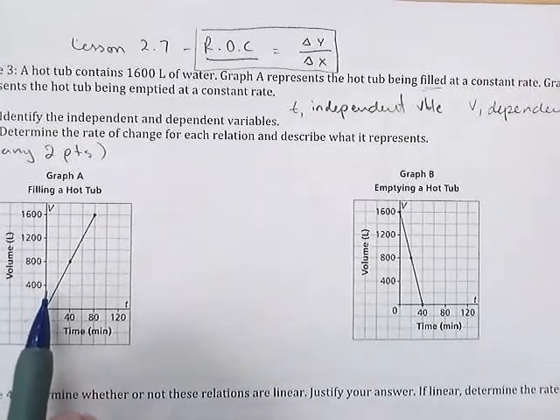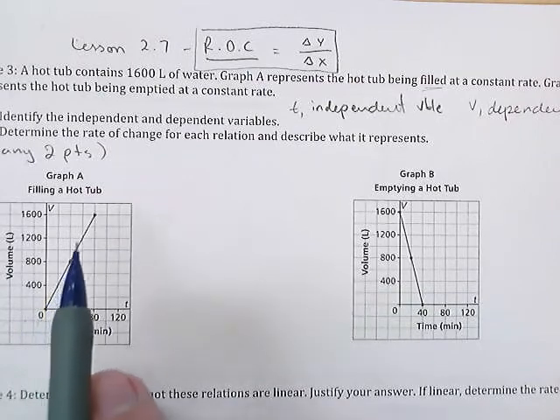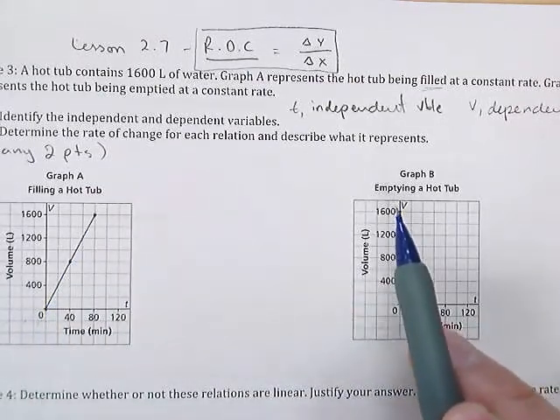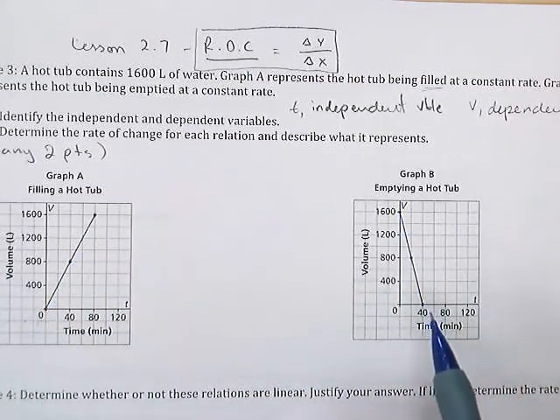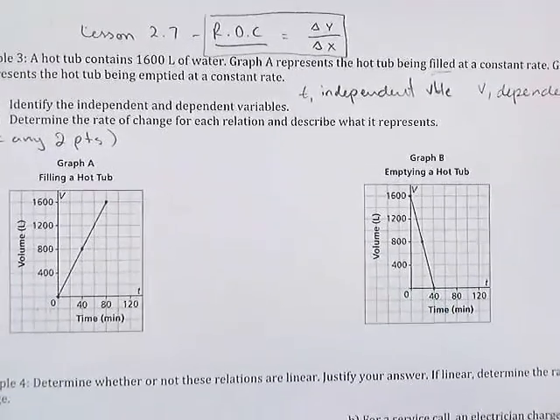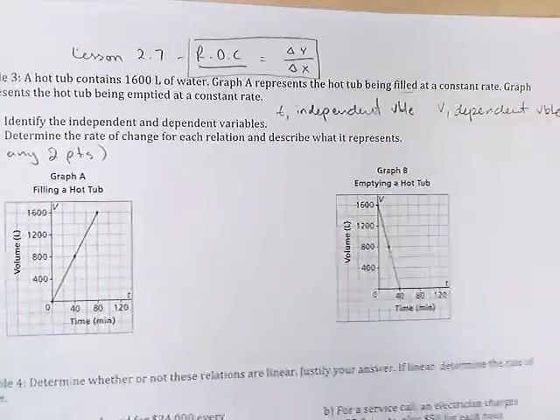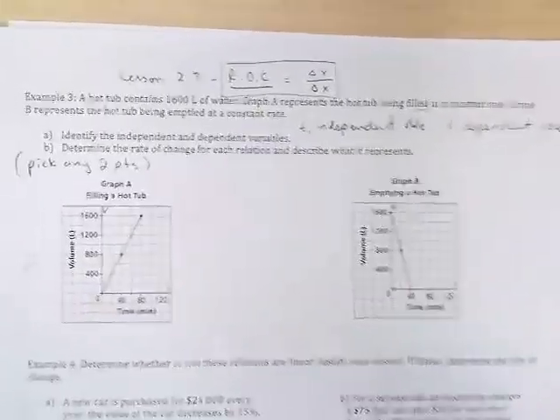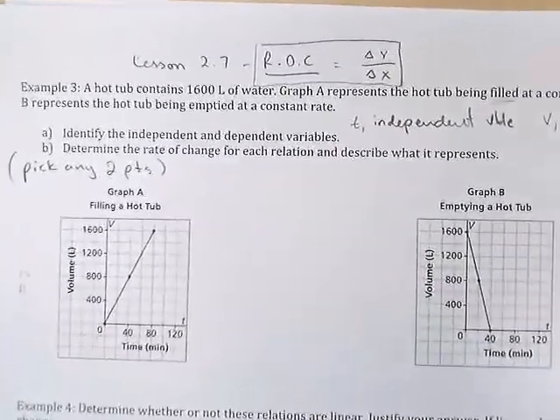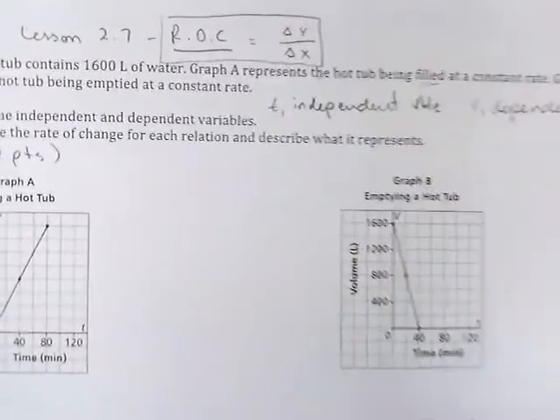If you read this graph from left to right, you'd have to say that you're increasing. If you're reading this from left to right, you'd have to say that you are decreasing. So you have to keep that in mind because you're going to see something at the end in terms of our answers.